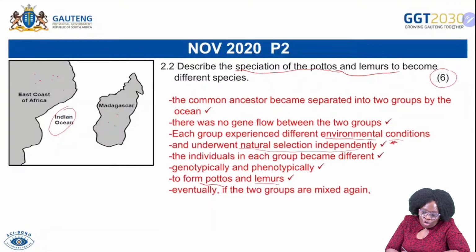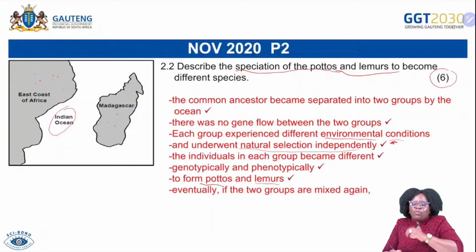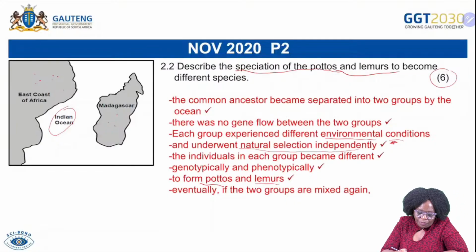Eventually, if the two groups are mixed again, so let's say, for argument's sake, the group that was found here was put here on the east coast of Africa to mix, what will happen?